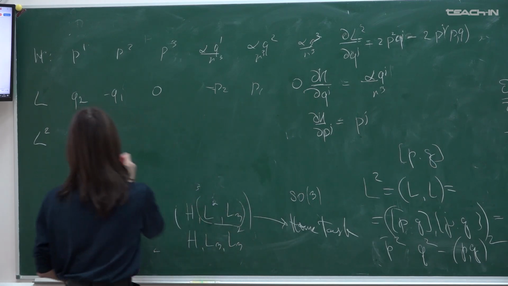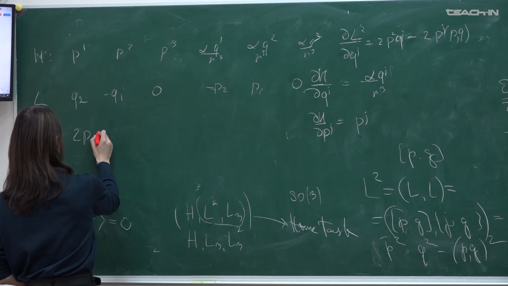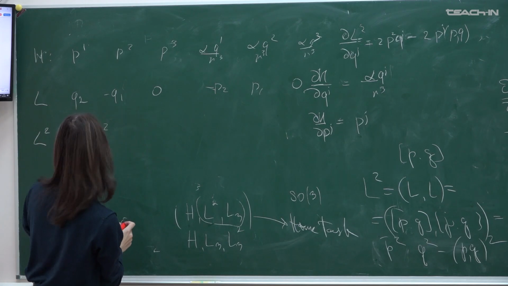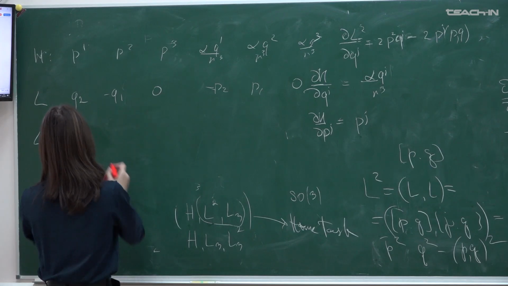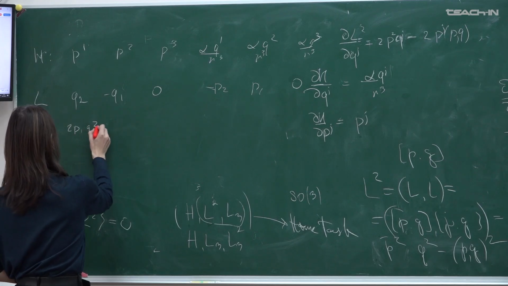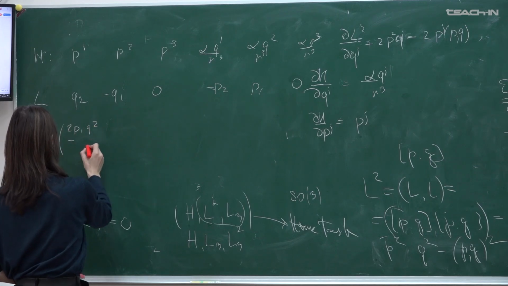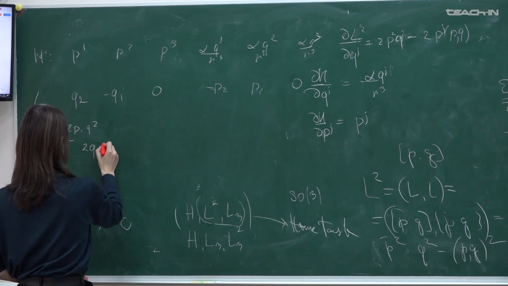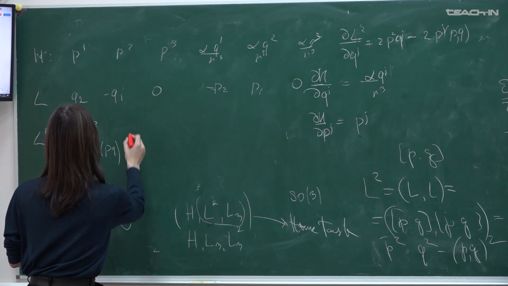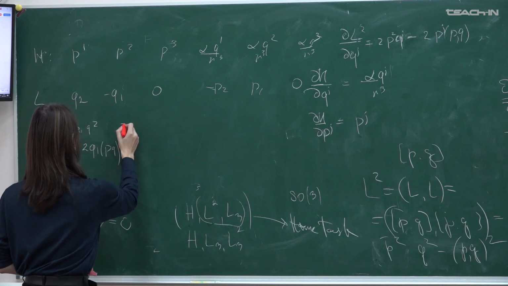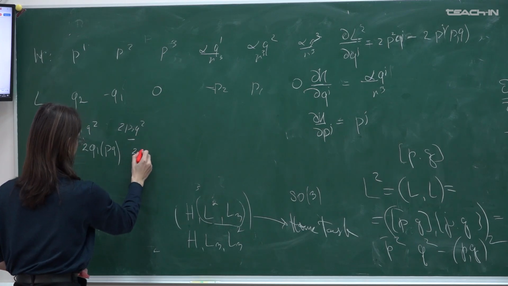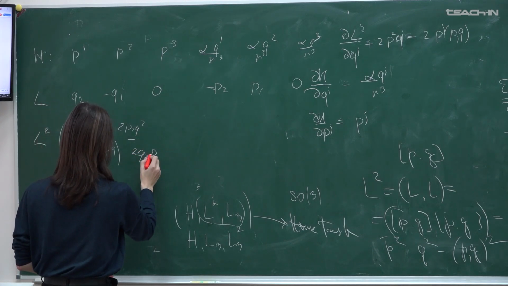So it's 2P1 Q square minus 2Q1 times the scalar product PQ. Next, P2: 2P2 Q square minus 2Q2 times the scalar product PQ.